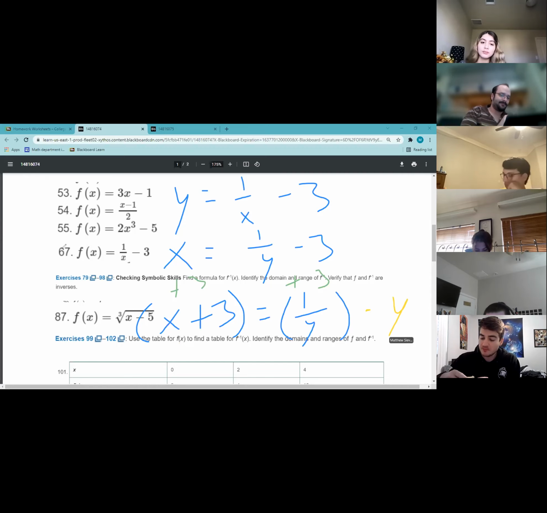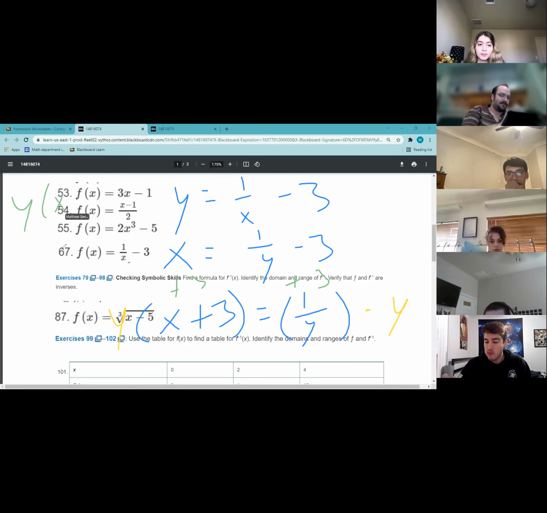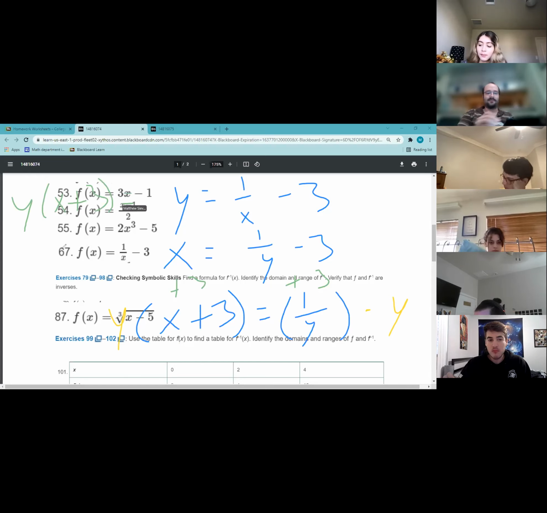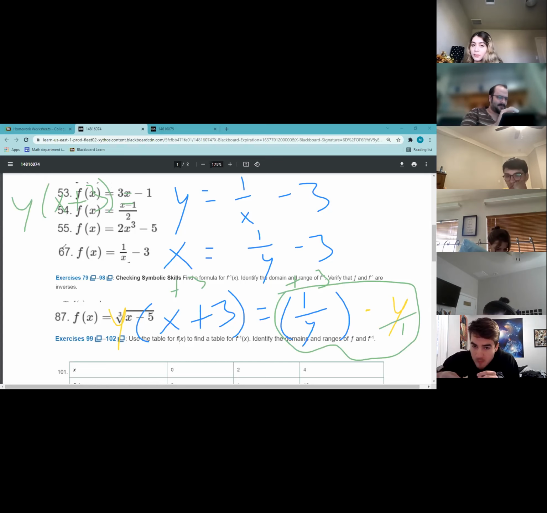Yeah, that's it. So if we multiply both sides by y, this might look a little silly because it might feel like you're going backwards for a second, but you're getting in the right direction. This becomes y times x plus 3, and this is equal to, this thing over here is y over 1 times 1 over y, or y over y. What is that giving me?